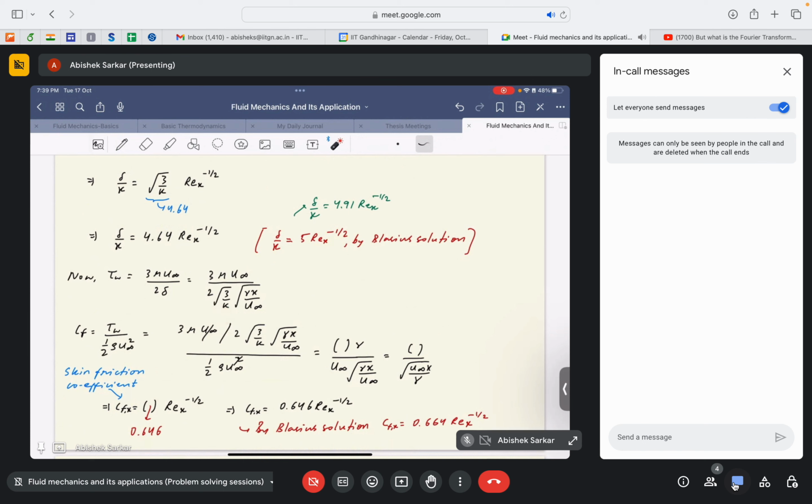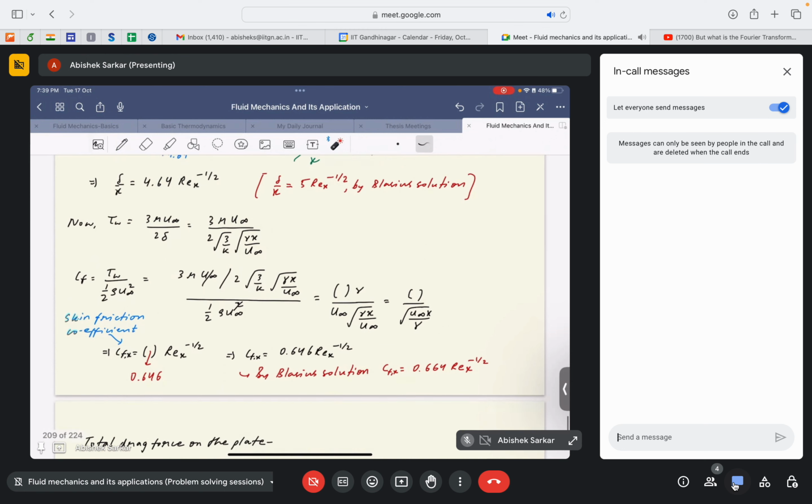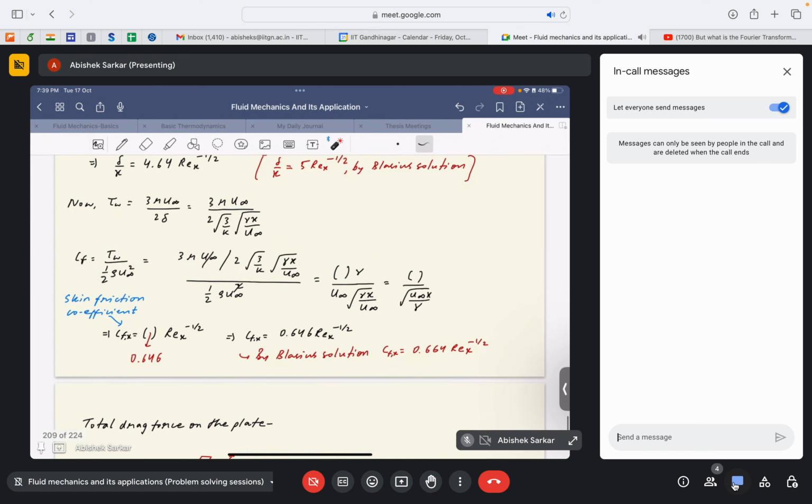If we go on to evaluate the skin friction coefficient, which is given by tau w by half rho u infinity squared, we substitute the value of tau w in this expression. We will get that Cfx would be equal to 0.646 into Rex to the power minus half.